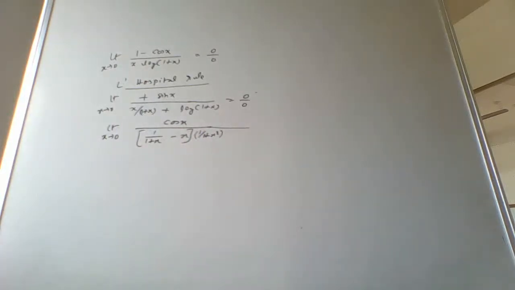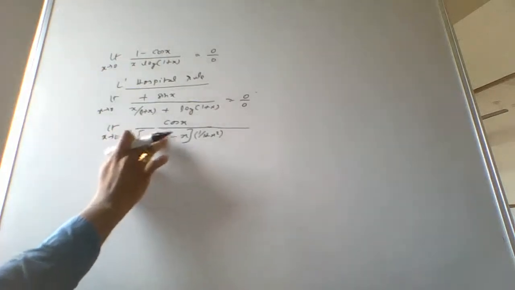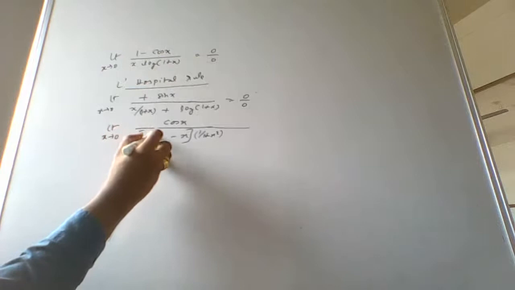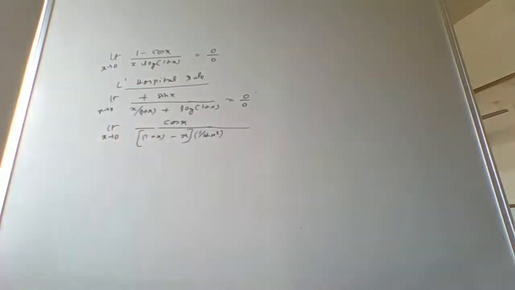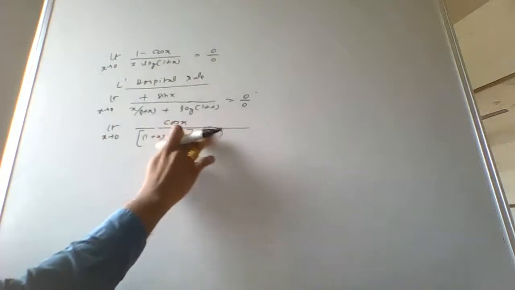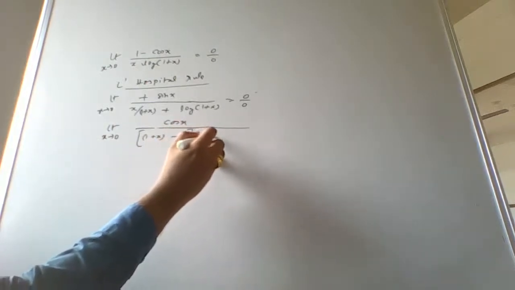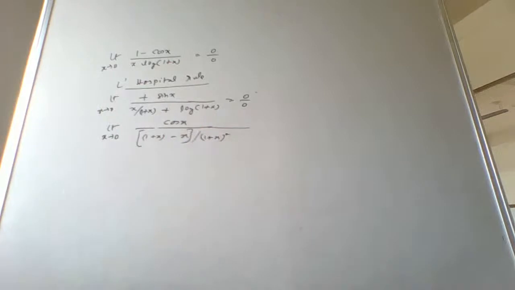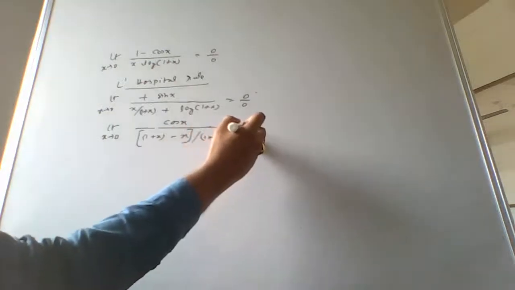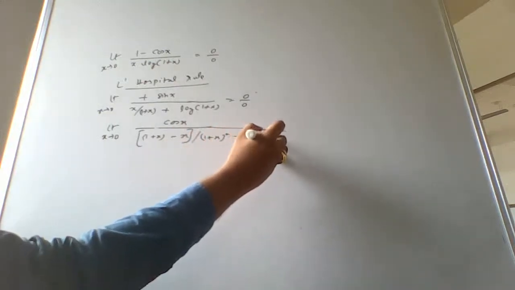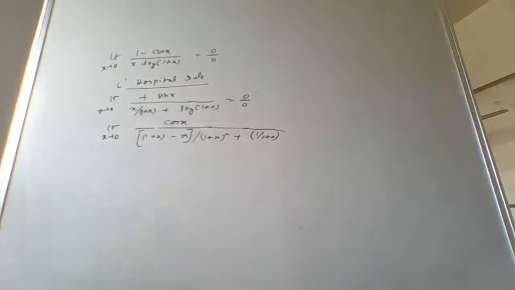If I try to simplify this, 1 plus x here, if I take to the other side, this would be divided by 1 plus x whole square. When I try to simplify it further, in this case it is 1 by x, 1 by 1 plus x here.